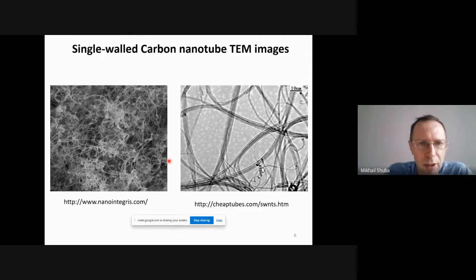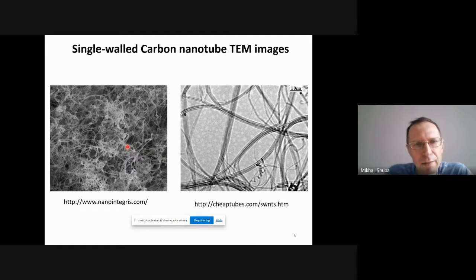These are typical images of single-wall carbon nanotubes. Typical diameter of the tubes is 1 or 2 nanometers, and the length could be several centimeters.